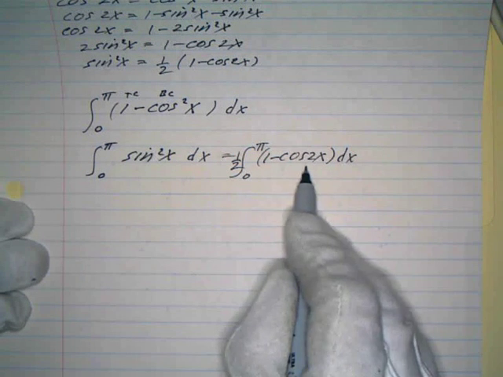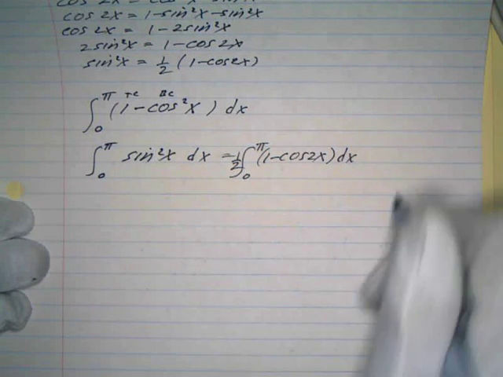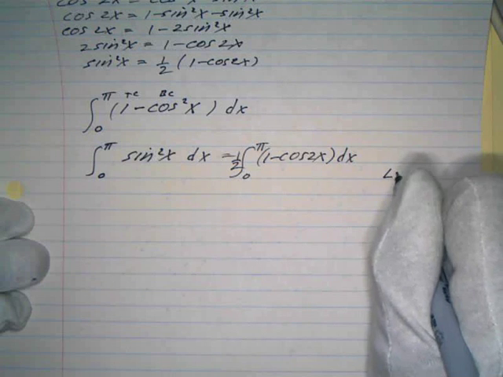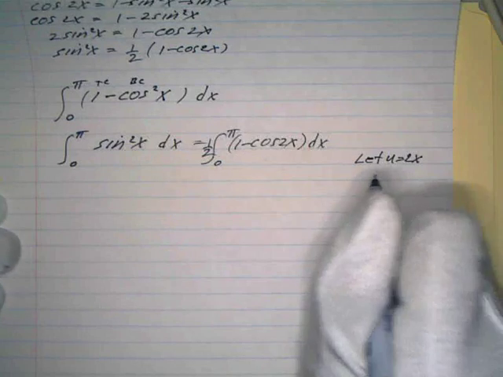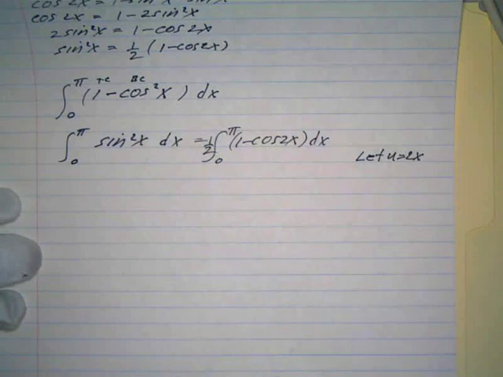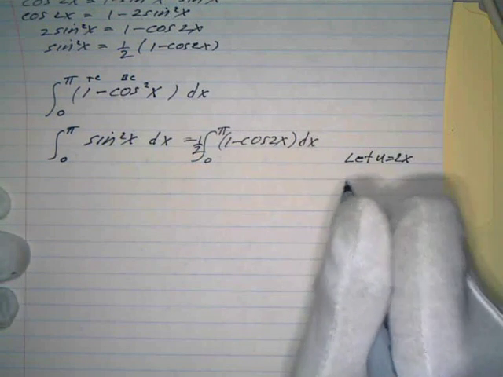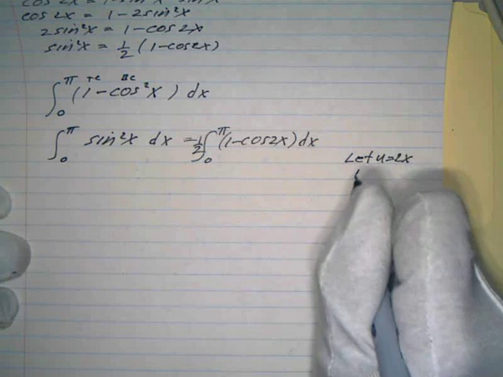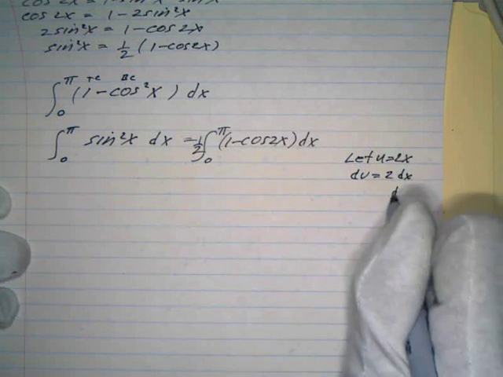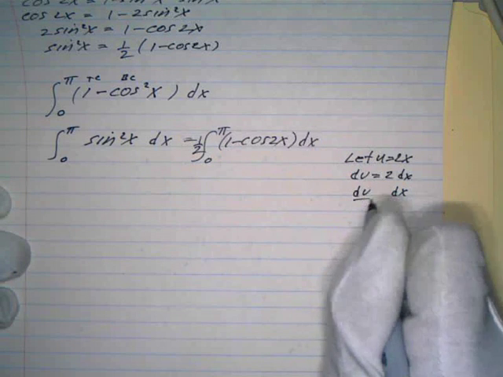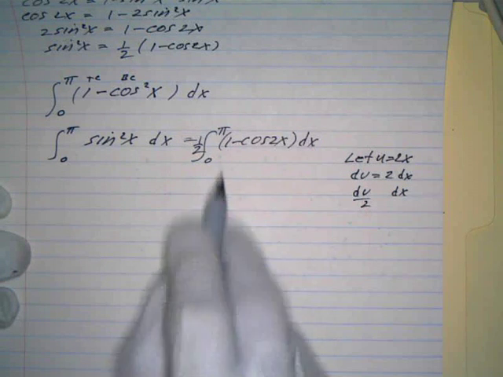So this looks like a u substitution, so we can let u equal 2x. Let u equal 2x, then du equals 2 dx, so dx equals du over 2, so we can make the substitution, but we also have to change our limits.